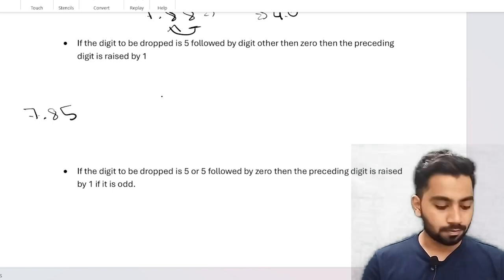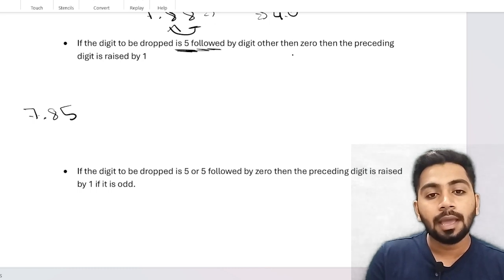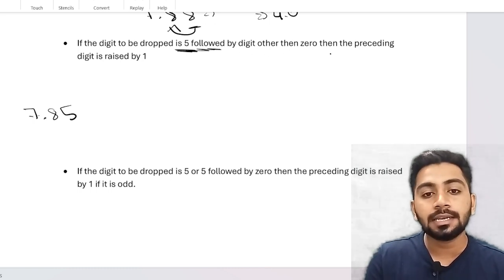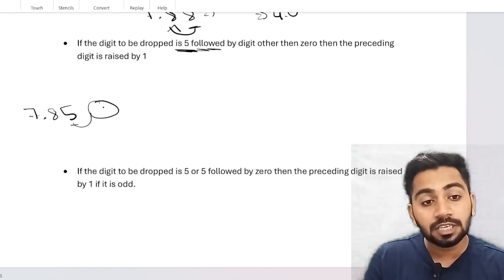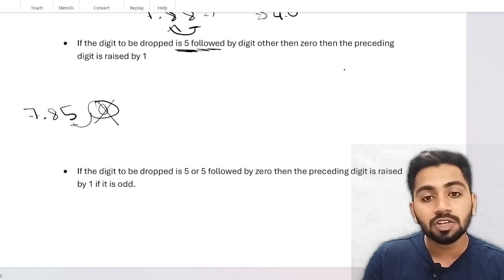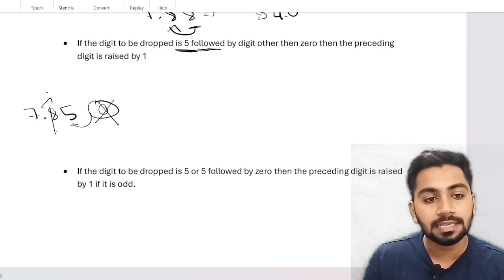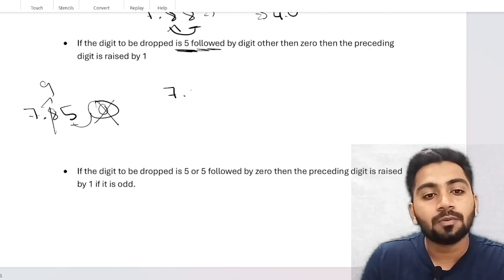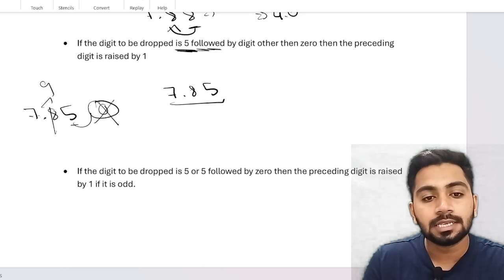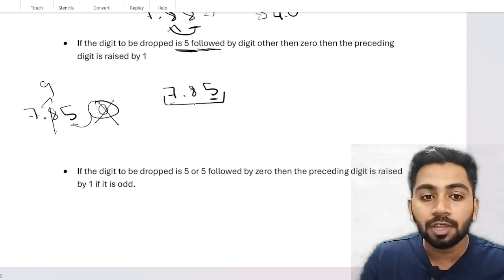If the digit to be dropped is 5 followed by a digit other than 0, which means after this 5 the digit must not be 0, then the preceding digit rises by 1. Very simple. Now take one case. You have a number. If it is greater than 5, you will increase the previous digit by 1.